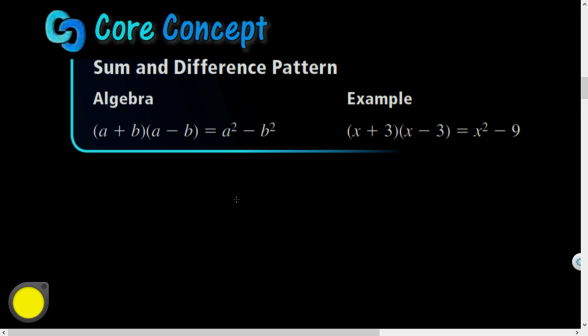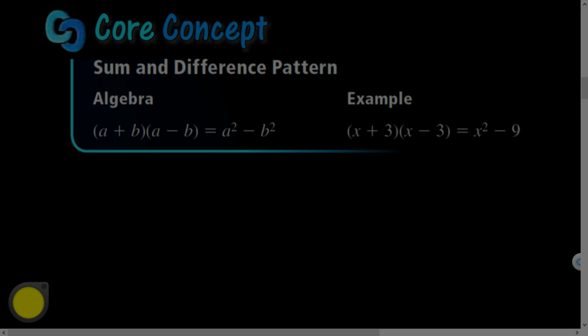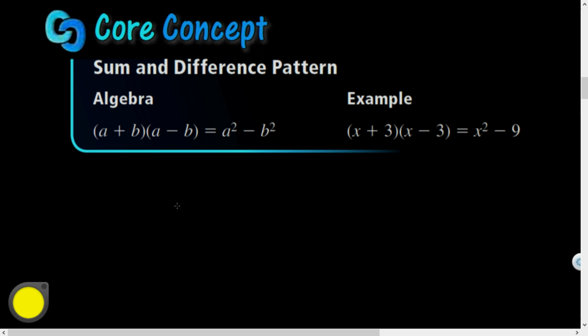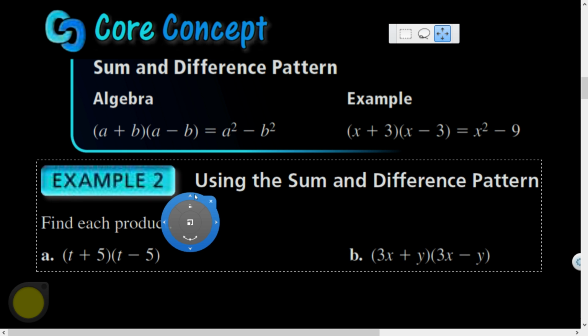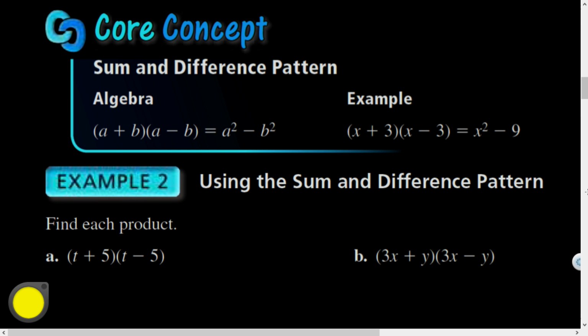All right, a squared minus b squared. So this one, I think, is easier to plug in. It's not as complicated. This is using a pattern instead of foiling or instead of double distributing. So all of our problems tonight are going to be pattern problems.